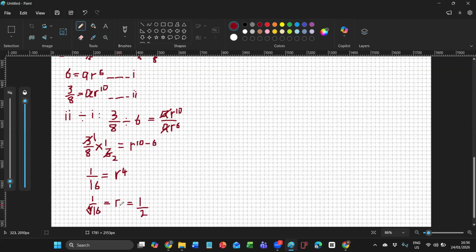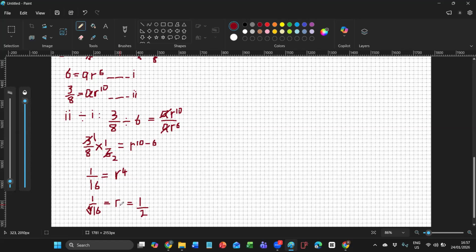Now, anytime you are taking an even root of a number, what do I mean by an even root? Whether it's a square root, fourth root, sixth root, eighth root, 10th root, and so on and so forth, the answer will always have plus or minus.